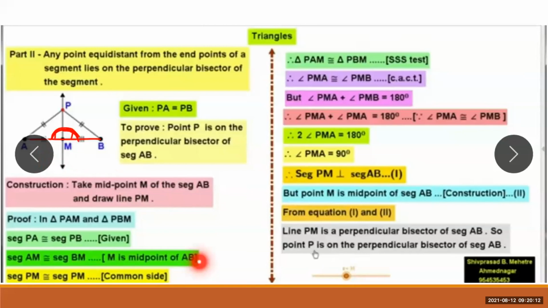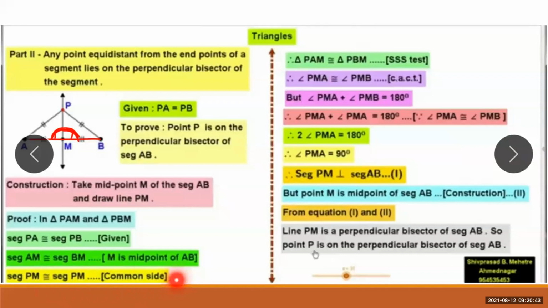So segment PA is congruent to segment PB, AM is congruent to BM, and segment PM is common to both the triangles, so PM is congruent to PM.